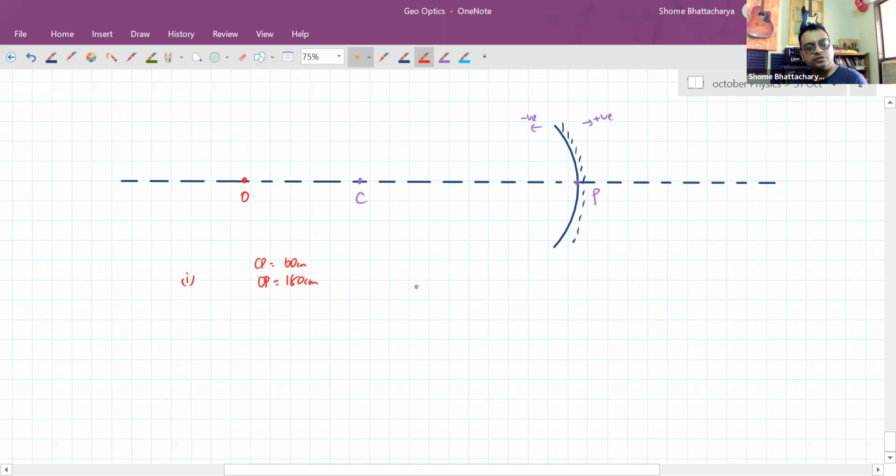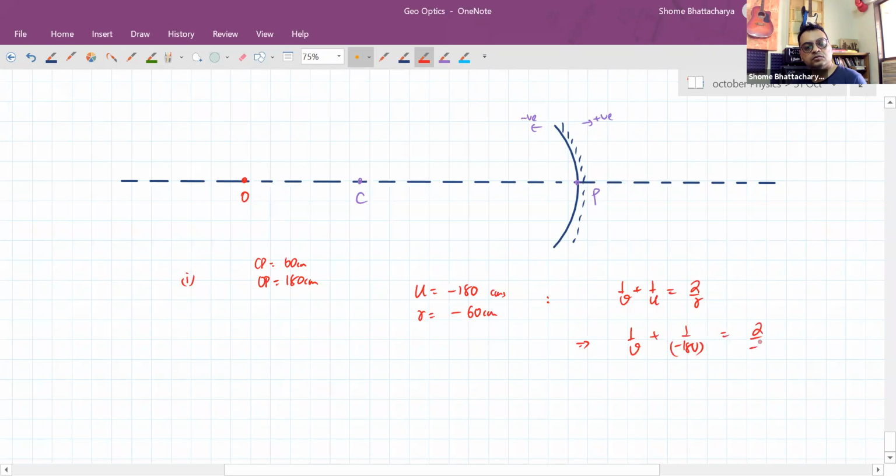So using the UV formula, we will put U as minus 180. And we'll put the radius of curvature, I mean the position of the center of curvature R, as minus 60 centimeters. And we'll use the formula 1/V + 1/U = 2/R. So by using the formula, let's see what we get for the position of the image.